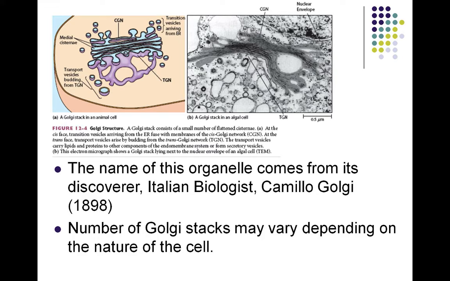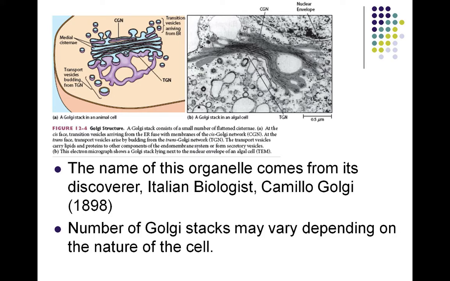And if you were to factor the nature of the cell, you'll come to the realization that the microscopic appearance of the Golgi will be different according to the function of the cell.